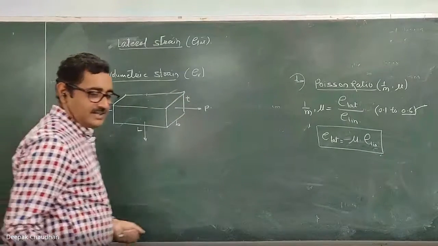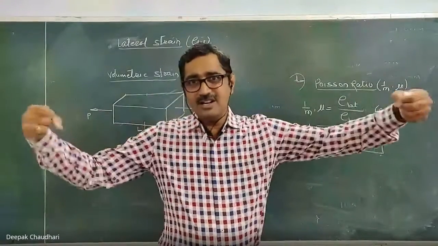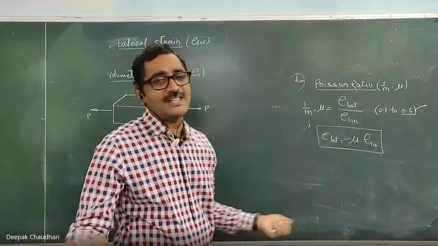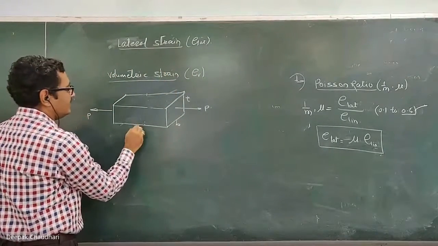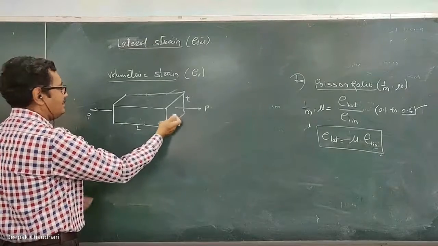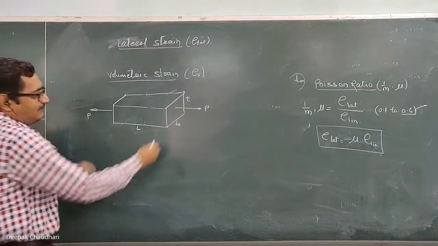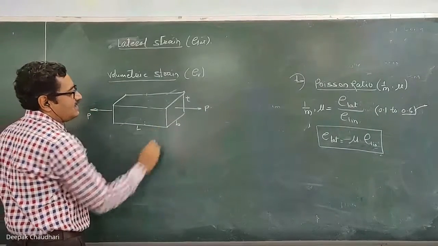If some submarine is inside the water, pressure is exerted in all the directions. So that becomes the triaxial loading. Okay, so consider this uniaxial loading. Length is L, breadth is B, and T is the thickness. Now we know that when the force is applied even in one direction, there will be strain in the X direction.